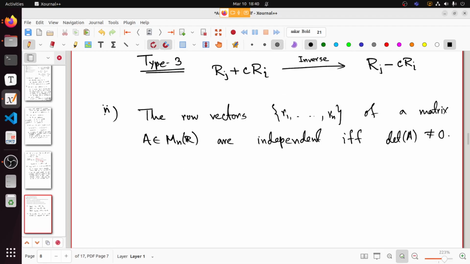So what will be the contrapositive? If you can show the determinant of A is 0 if and only if the row vectors are dependent, then this will be done, right?